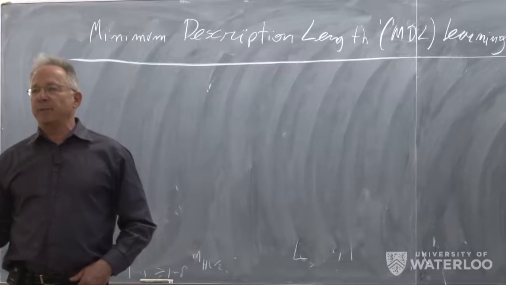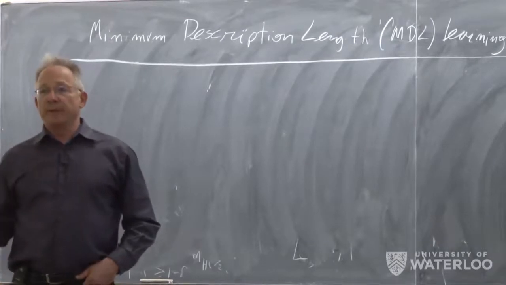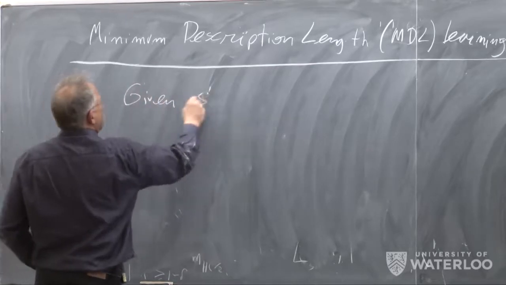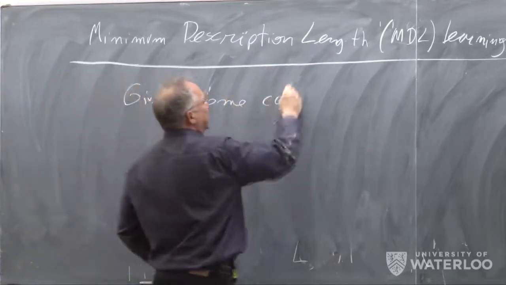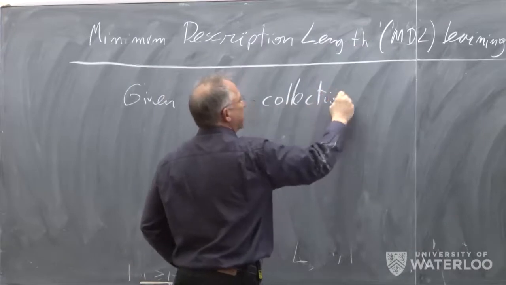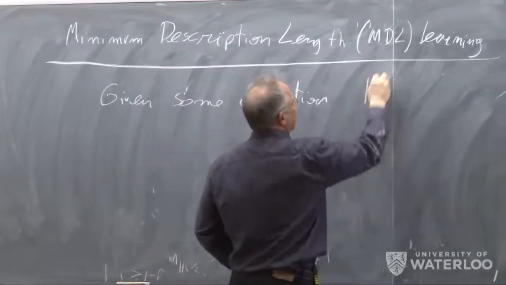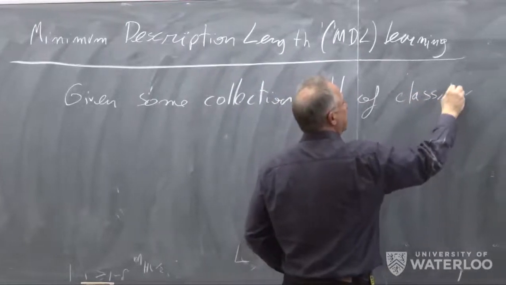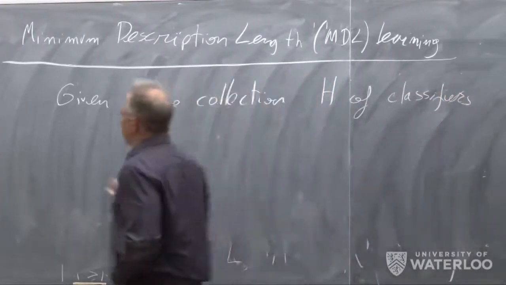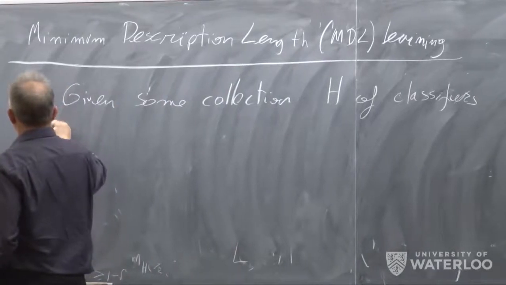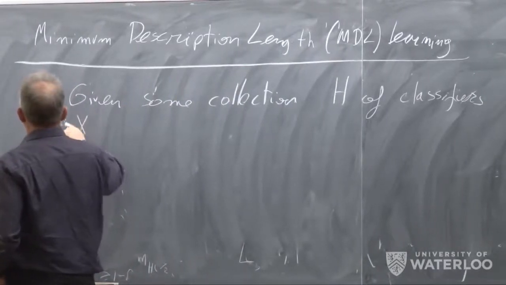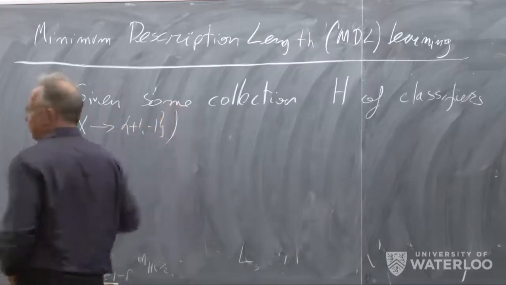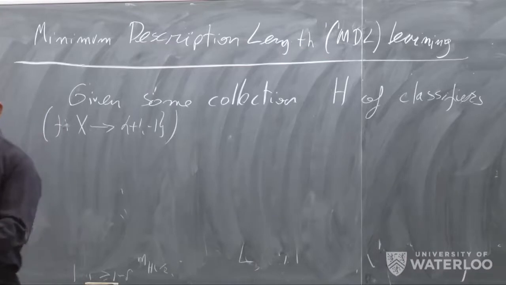I can describe every hypothesis as a program. So we're given some collection H of classifiers. Classifiers are some f's that go from some domain x to, say, +1, -1. That's a classifier. So I have a collection of classifiers.